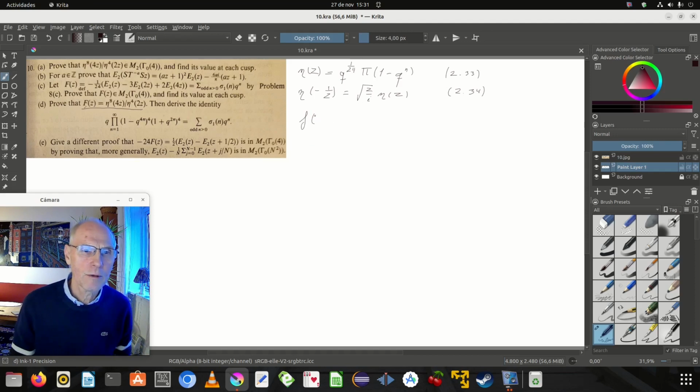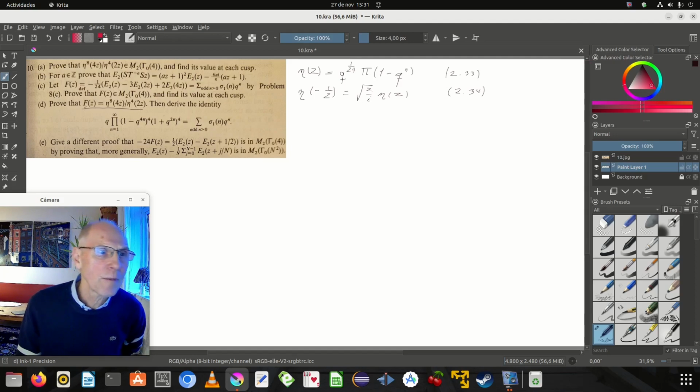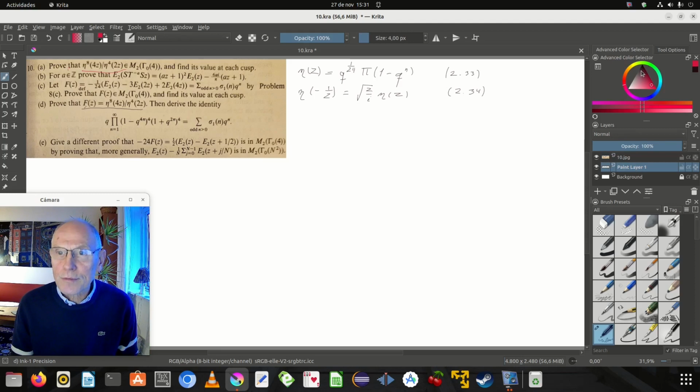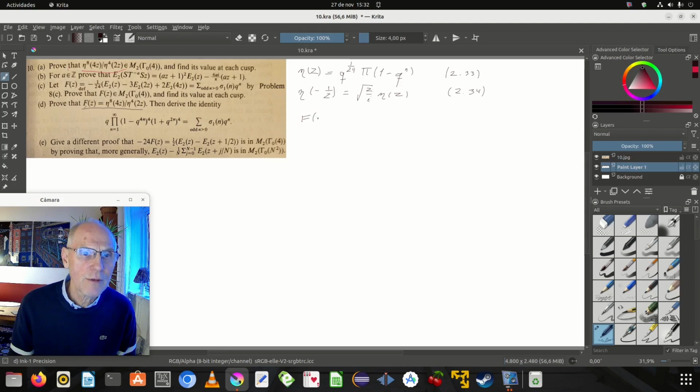So we define f of z this way, and it's the same one we have up here. Yes, it is. So let's try to make the Q expansion of f of z.